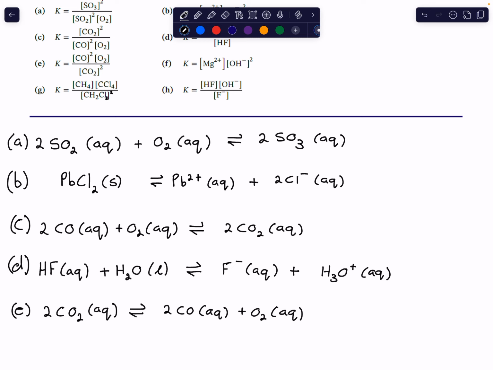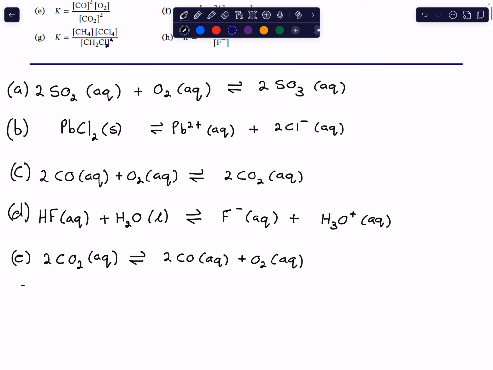We just check everything: 2 carbon, 2 carbon, 4 oxygen, 4 oxygen. Right? So another one is just simply checking whether or not you know how to write from the equilibrium constant going to the equation and checking your balancing. Always good to just check that once again. All right. F.